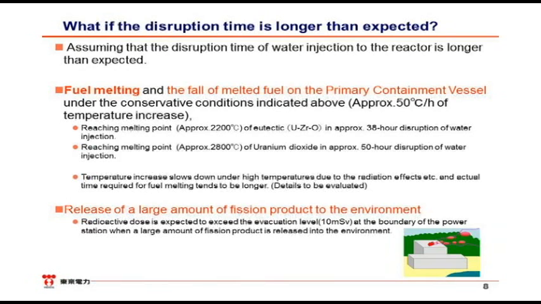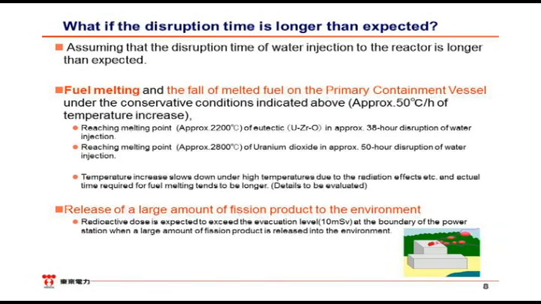In other words, it is a eutectic mixture consisting of uranium, zirconium, and oxygen. It will take 38 hours until the temperature reaches 2,200 degrees Celsius and 50 hours to reach 2,800 degrees Celsius, the melting temperature of the uranium dioxide. Therefore, it is assumed that the damaged fuel will drop down to the PCV through the RPV after 38 hours in the case of an RPV meltdown.